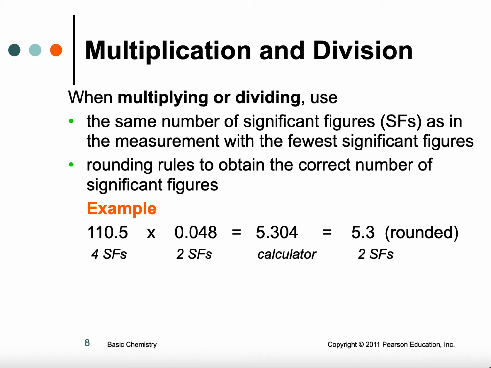So if my smaller number was measured at 2 significant digits, my answer has to be 2. So I put it in the calculator, get 5.304, and then round to 2 significant digits, which means I go to the 3, look over, it's a 0, it's not a 5, so it stays 3, 5.3.